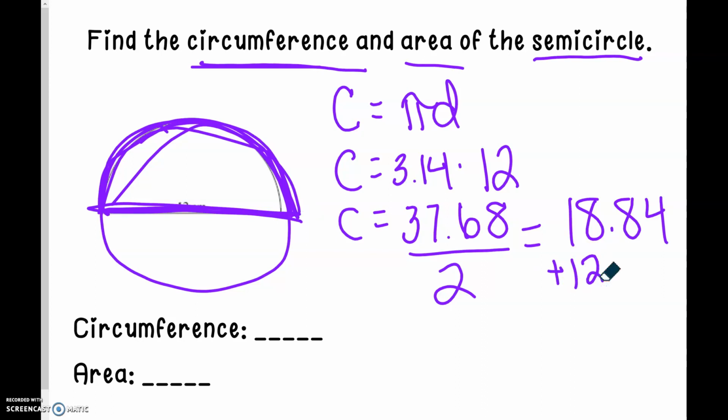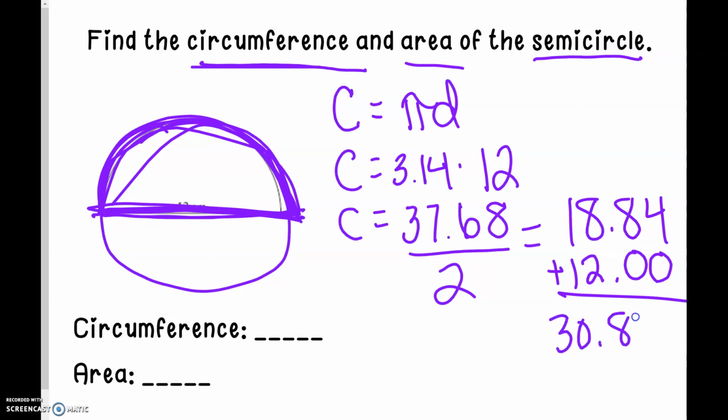We're adding because it's just finding the perimeter, so we're adding that extra measurement in. We've already done the curve. Now we just need to add in that 12. And when we do that, we end up with 30.84. I'm going to write it in our blank over here. So 30.84, and it was measured in centimeters, and since it's circumference, we just write it as centimeters.